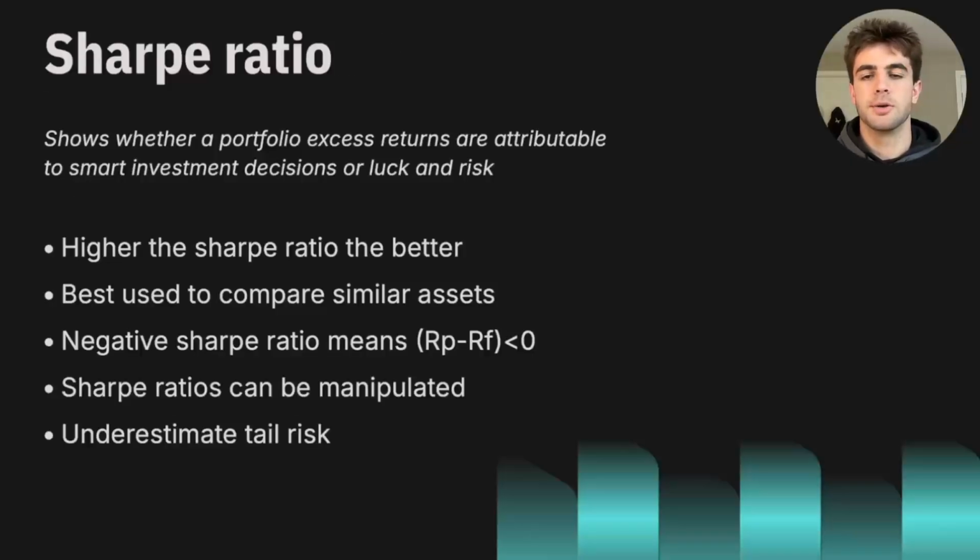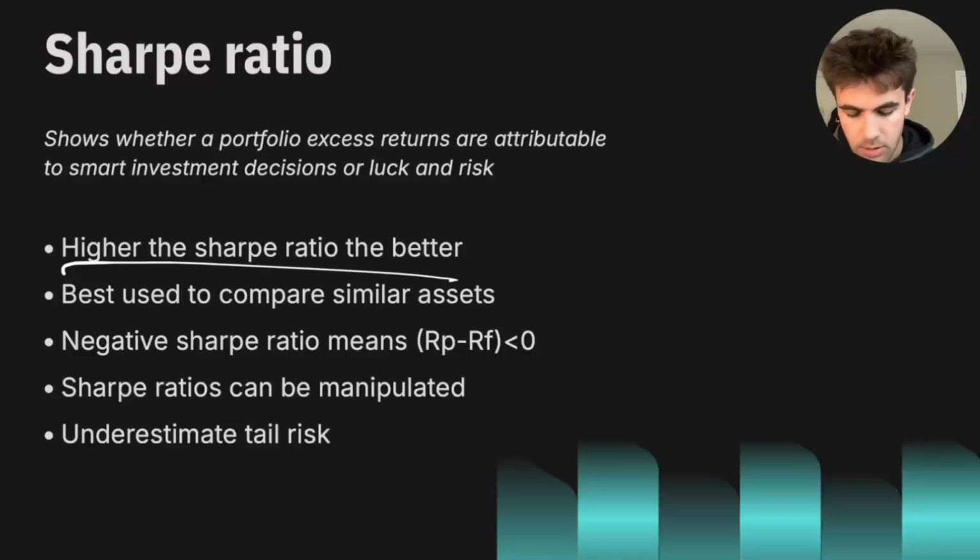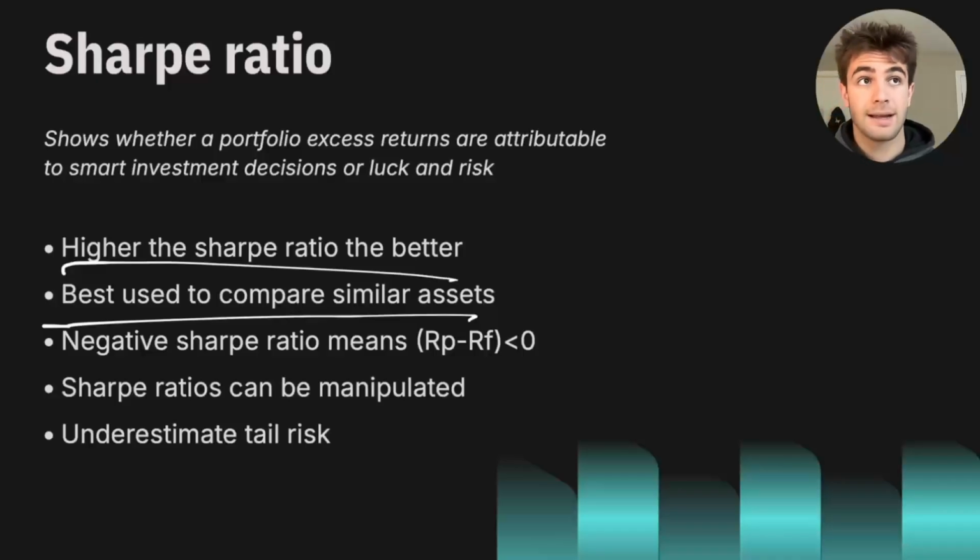So Sharpe ratio, this is the first topic that I was looking to learn about this week. Sharpe ratio measures whether a portfolio's excess returns are attributed to the strategy itself or to luck. The Sharpe ratio is a numerical value, and the higher that value, the better the Sharpe ratio. It's best used to compare similar assets.